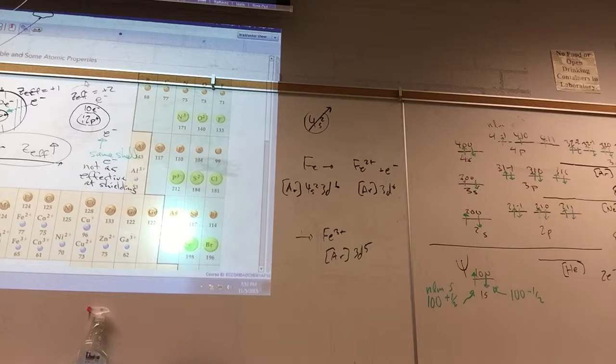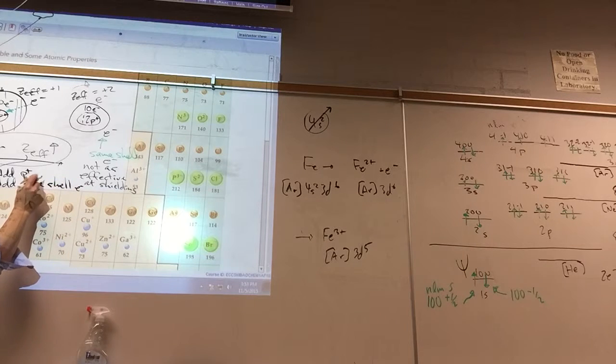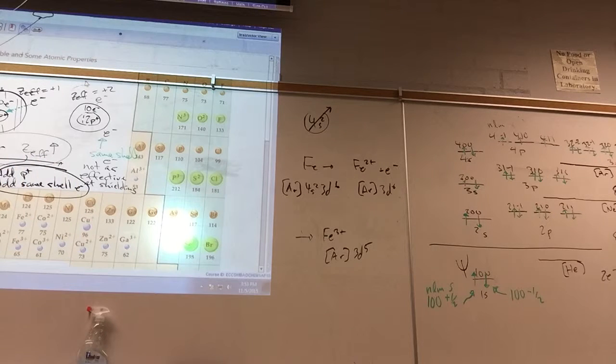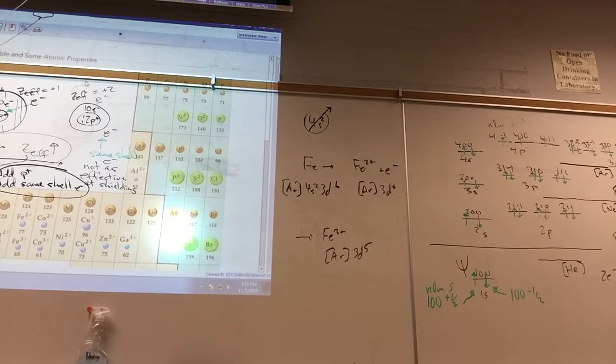And Z effective increases because as you're going across, you're adding a proton, which increases Z. At the same time, you're adding a same shell electron. A same shell electron doesn't really shield much. And so you can see here the radius is going to decrease because we're increasing Z and at the same time adding a same shell electron.